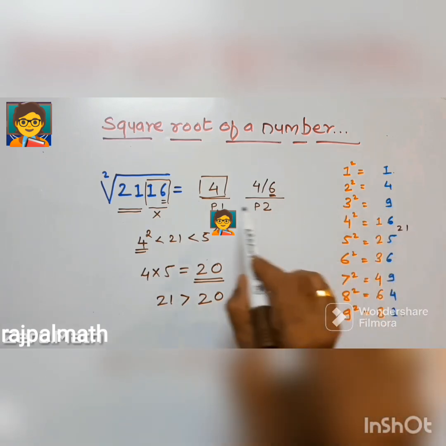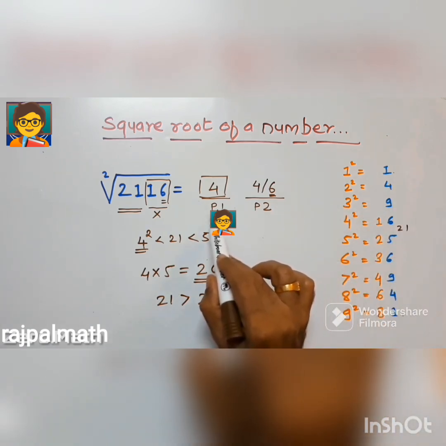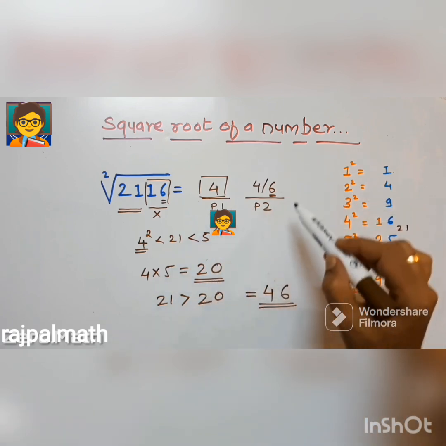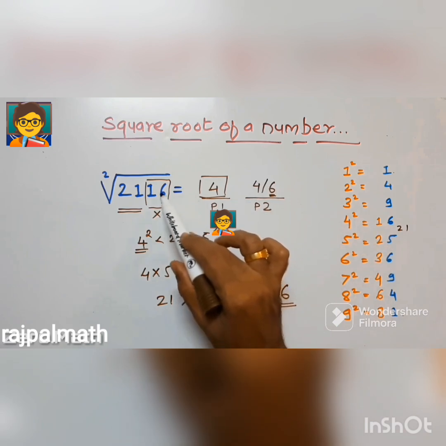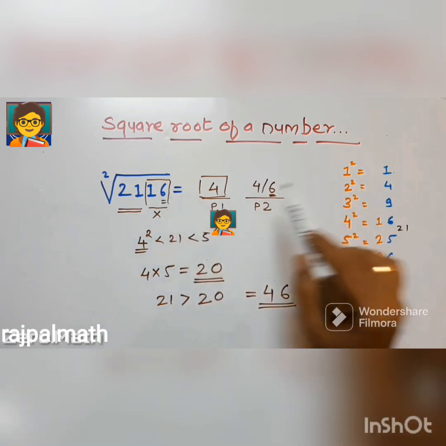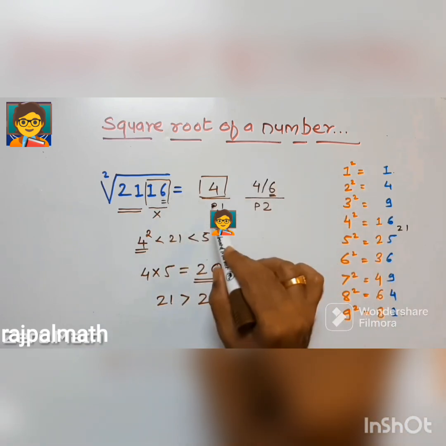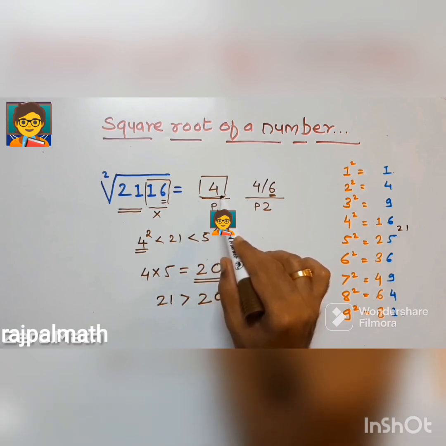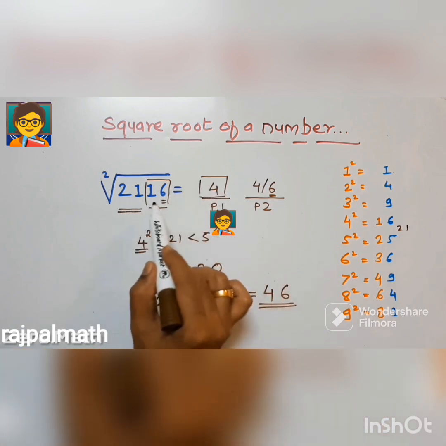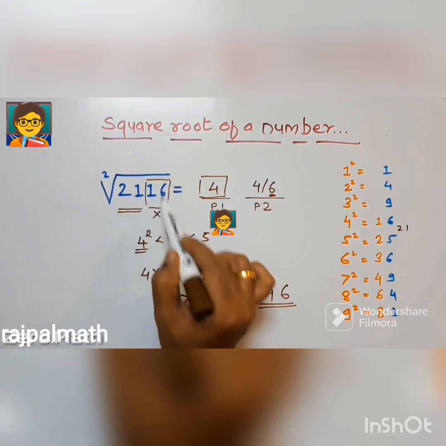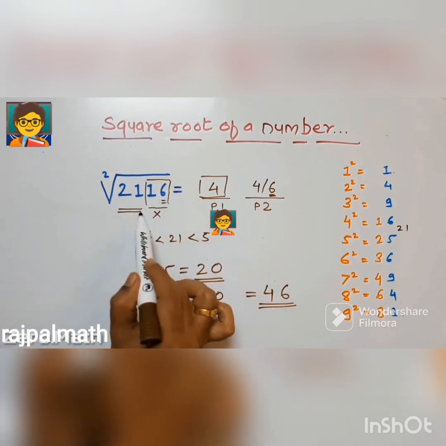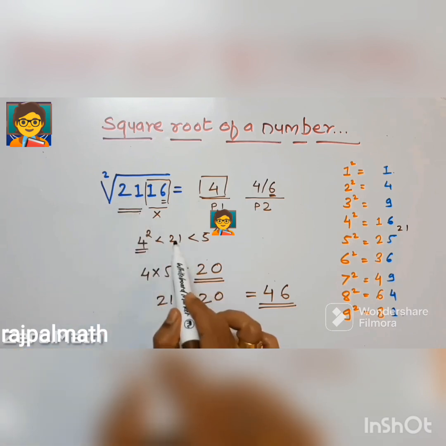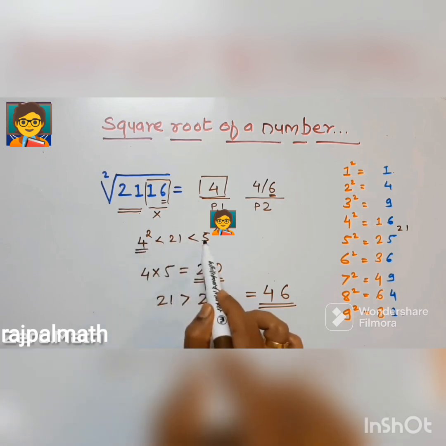Let's repeat. We divide our answer into two parts, P1 and P2. My P2 is 4 or 6, as my number ends with 6. So possible values are 4 and 6. To determine P1, we have ignored the last two digits of the number, and we have taken the rest of the part, which is 21. So 21 is between 4 square and 5 square.